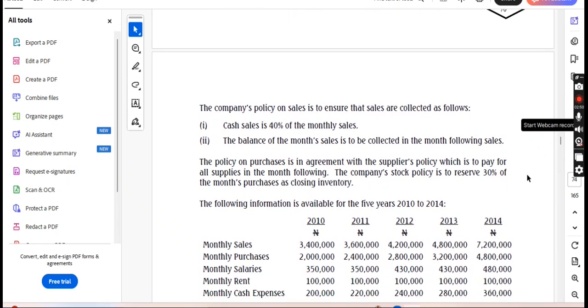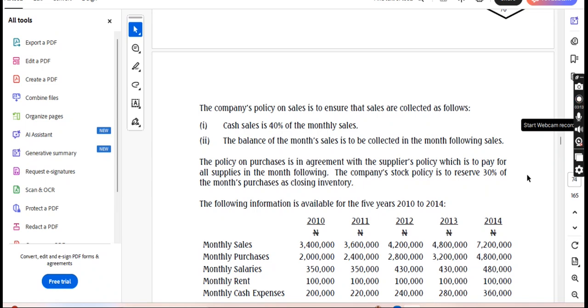The policy on purchases is in agreement with the suppliers' policy, which is to pay for all suppliers in the month following. You pay for your purchases in the month following.